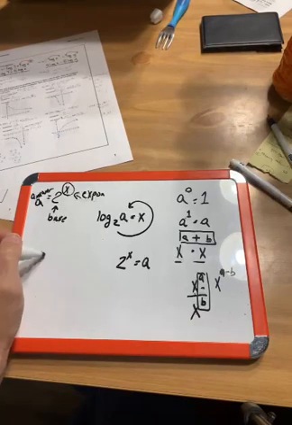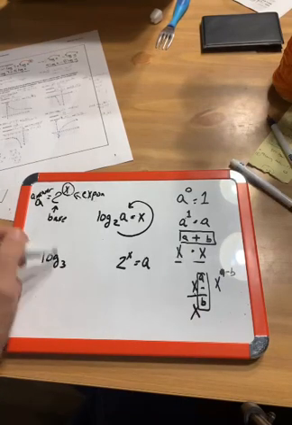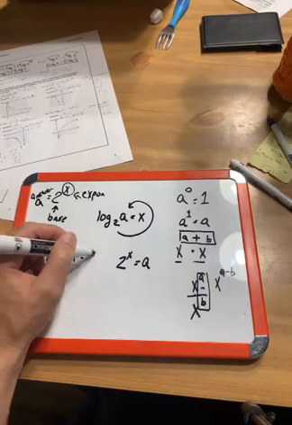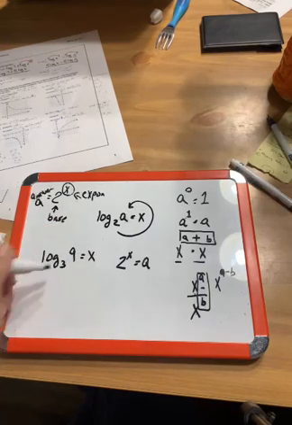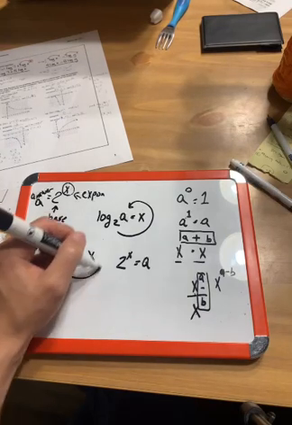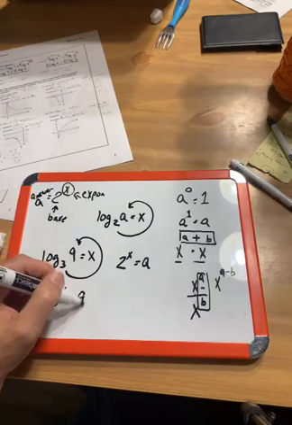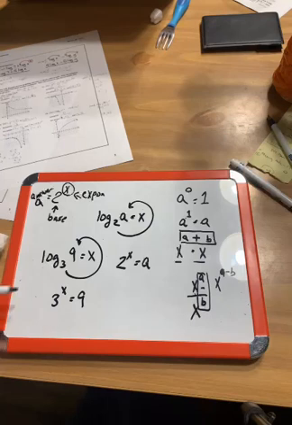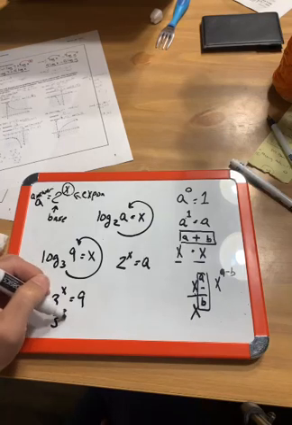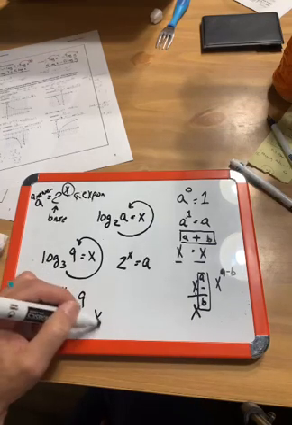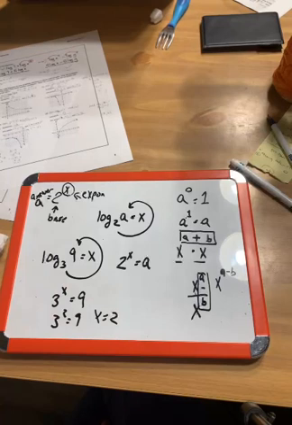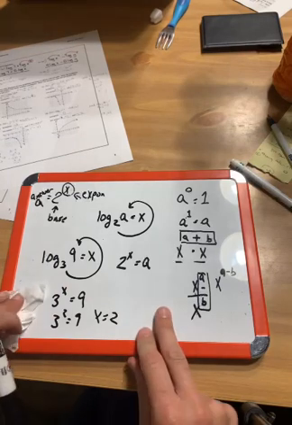So if I have log base 3 of 9 equals x, I'm going to start at my base. I'm going to circle around. 3 to the x equals 9. Well, that's something that I can answer because I know that 3 squared equals 9. So x has to be equal to 2 in that case.